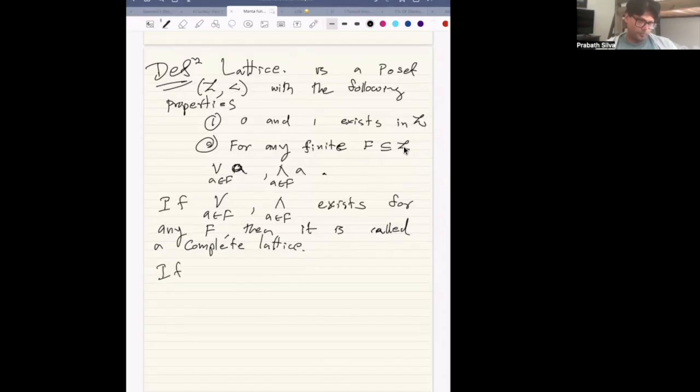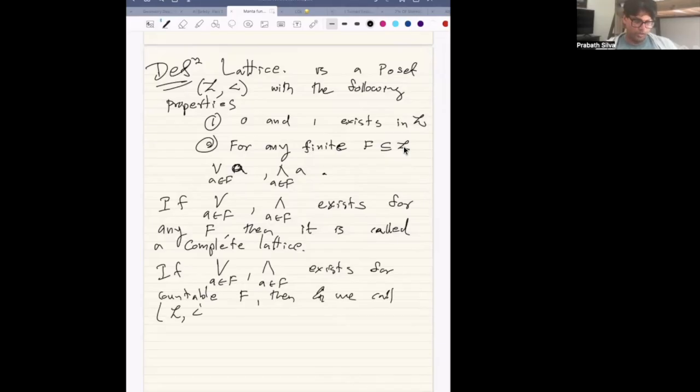If they exist for countable F, then we call it a sigma-complete lattice.